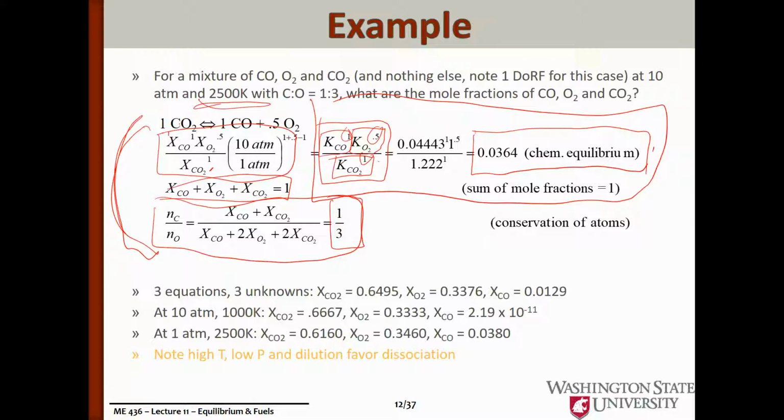And at 2500 degrees Kelvin, I've pulled these constants out of the table, 0.044 for carbon monoxide, 1.22 for CO2. And at 2500 degrees and 10 atmospheres, I get something that's 64% CO2, 33% oxygen, and a little more than 1% CO. If instead I decide to leave it at the same pressure and I pulled the constants at 1000 degrees instead of 2500 degrees, I have almost complete CO2 and oxygen and no carbon monoxide dissociation.